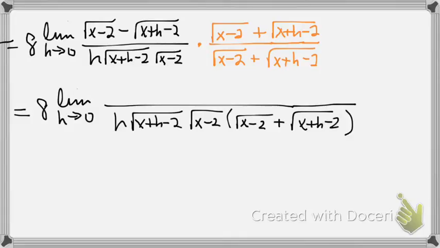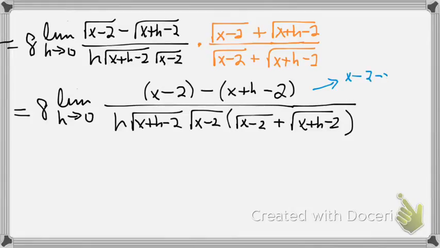But it'll take care of itself very quickly. What about the numerator? X minus 2 minus x plus h minus 2. Now, I don't really want to rewrite that whole denominator just for the next step. So let's note that the numerator is x minus 2 minus x minus h plus 2.